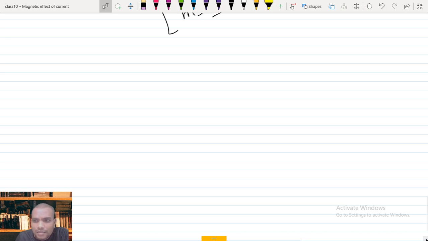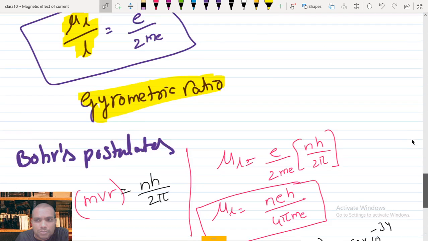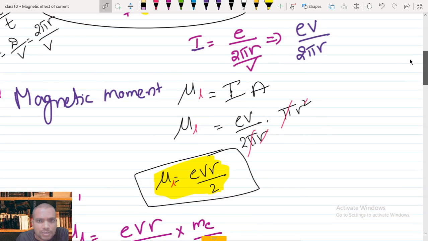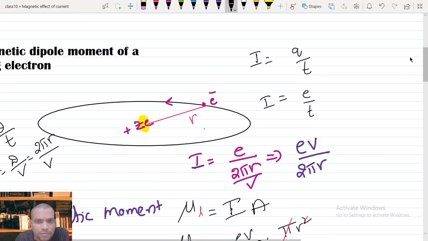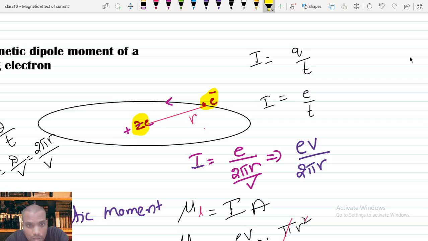So here we have two charges at the atomic level, one positive and one negative. Do you call this a dipole? Yes, obviously it is called a dipole, separated by a distance r.